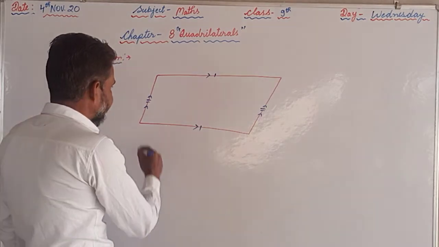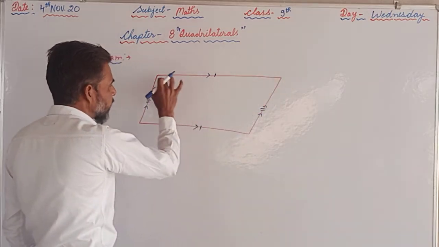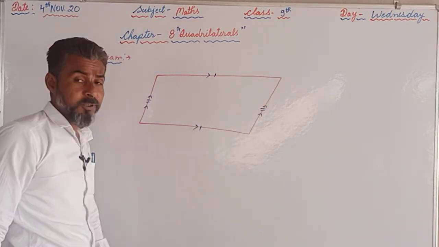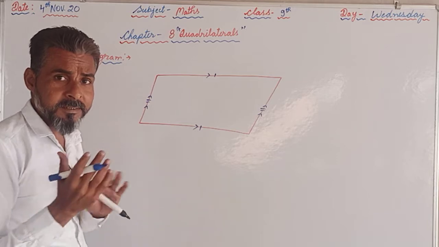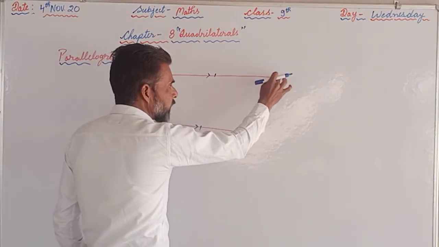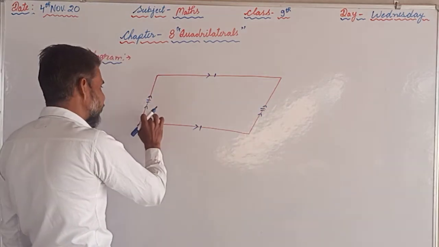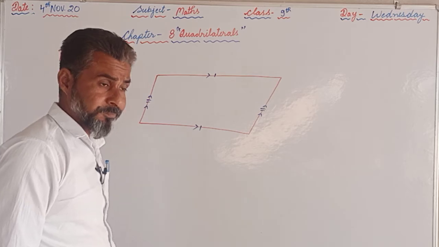At the same time, the opposite angles will be equal. This angle will be equals to this angle and this angle will be equals to this angle. Opposite angles will be equal and the sum of the adjacent angle will be 180, means this angle plus this angle 180, this angle plus this angle 180, this plus this 180, and again this plus this is 180.